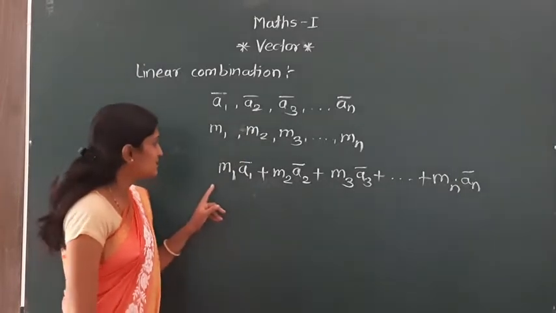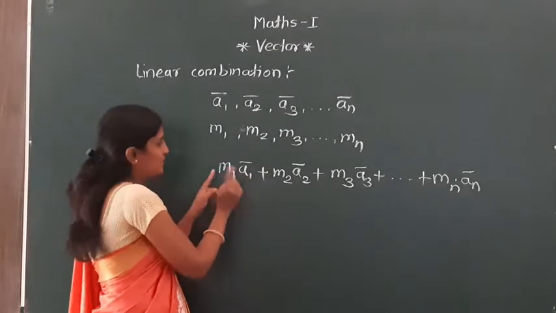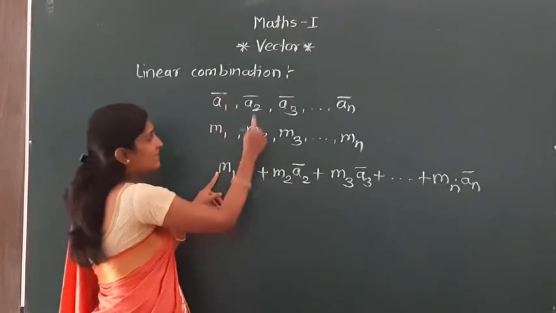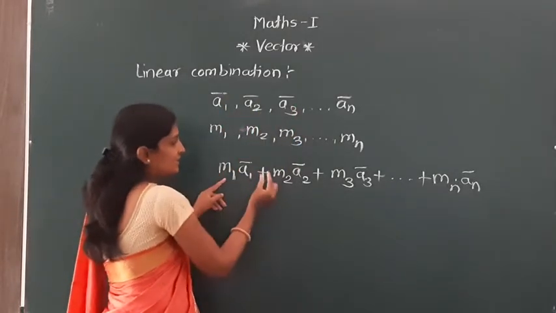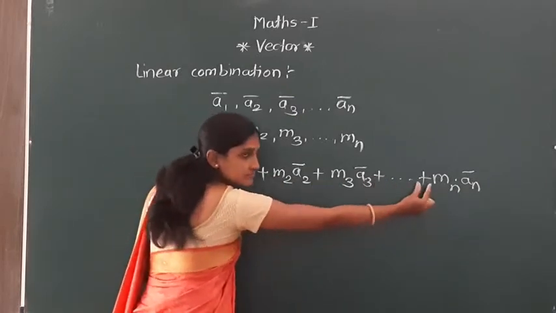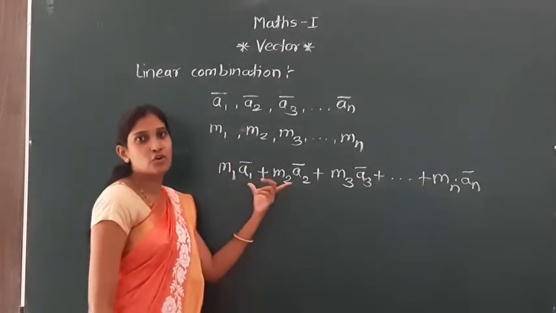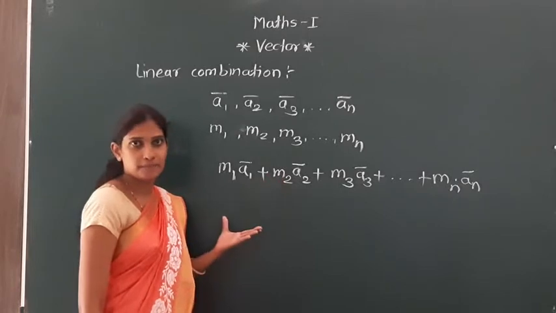Linear combination means multiplication of scalar and vector, scalar and vector, scalar and vector, and then we add them.